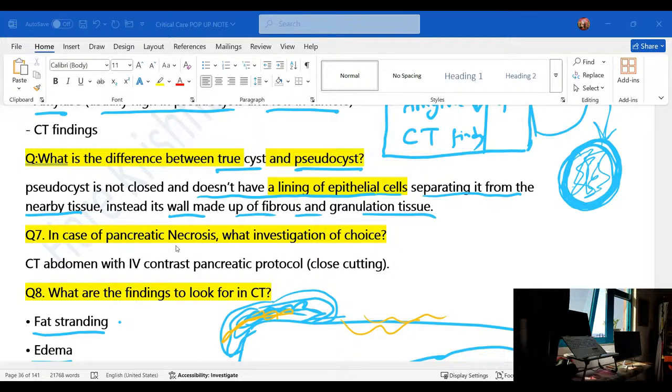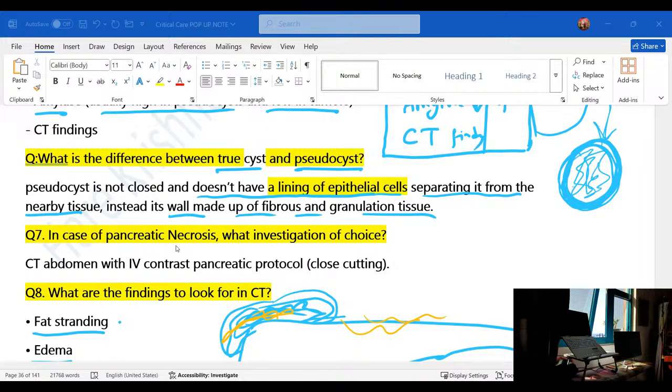A true cyst will have a lining epithelium, like a sebaceous cyst or an ovarian cyst. But a pancreatic pseudocyst is not covered by a lining epithelium; its wall is made up of fibrous or granulation tissue, separating it from the nearby tissue.